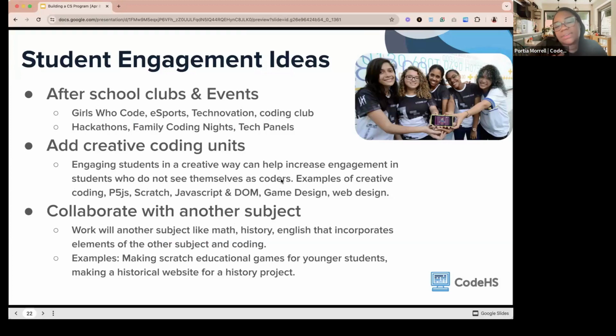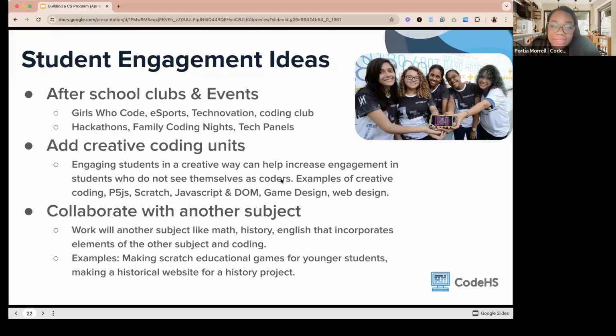We never did Technovation, but if you've never heard of it before, it is kind of a similar idea to Girls Who Code, but they actually build a full app and enter a competition. So that one is pretty cool. And then in general, you can just offer coding clubs. I've tried both where I've led the coding club and I've also had students lead the coding club, which has different results, but having students lead something and letting them fail or struggle, but you support them, I think is still a good positive.